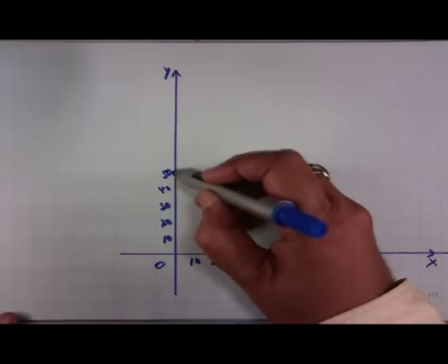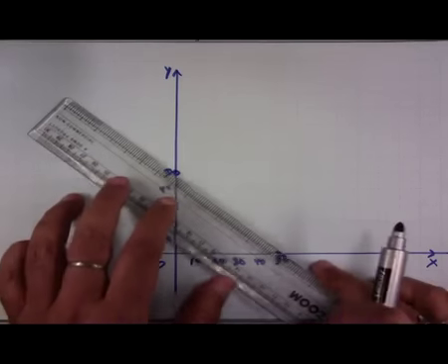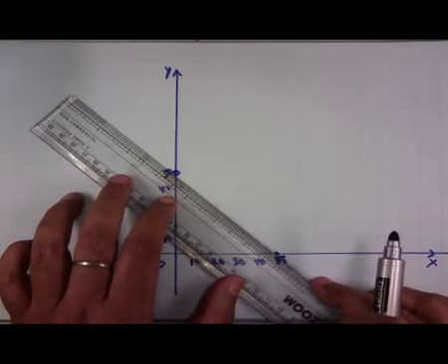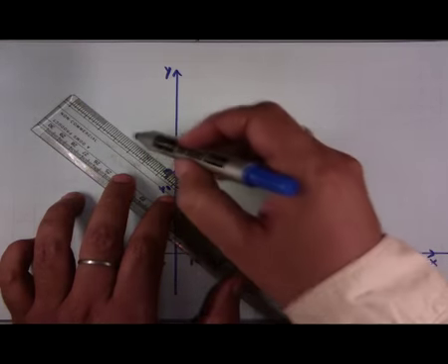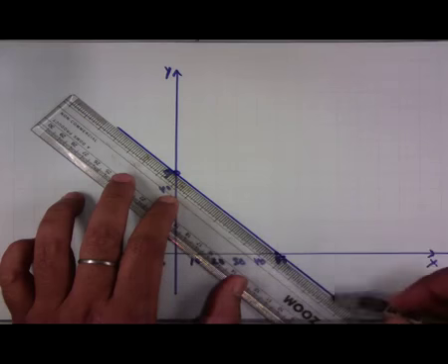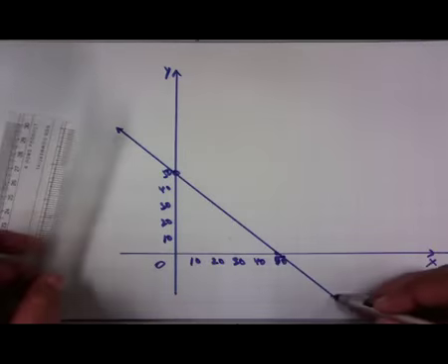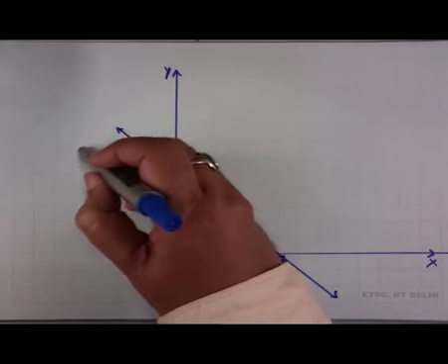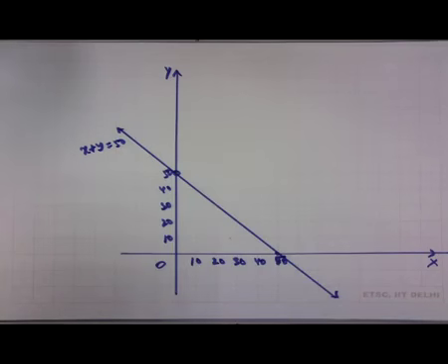So we have 2 points (0, 50) and (50, 0). Join these 2 points. So this is the line x plus y equal to 50.